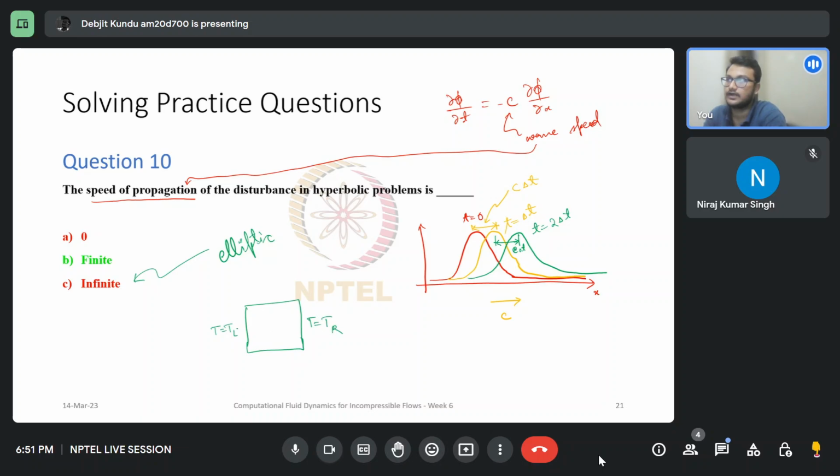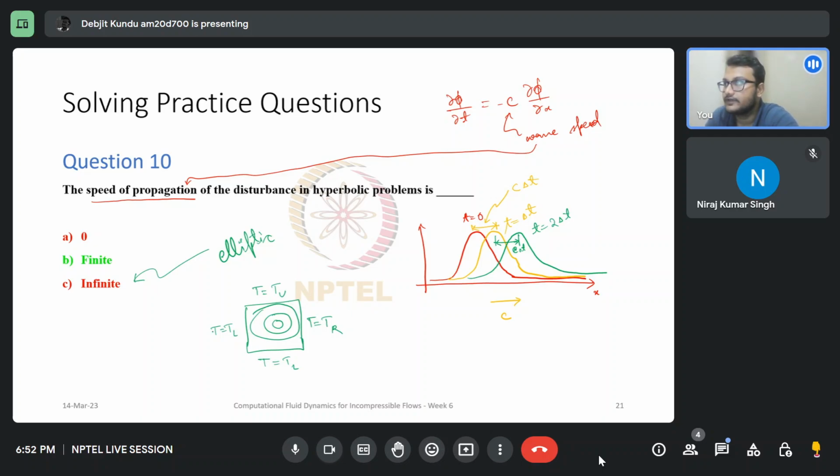So in the left wall, I have T equal to TL. On the right wall, I have T equal to TR. On the upper wall, I have T equal to TU. And on the bottom wall, I have, let's say, some T equal to TL. And I'll have some temperature profiles like this. These are temperature contours. So contours are basically lines of equal temperature. So these are isotherms, we can say.